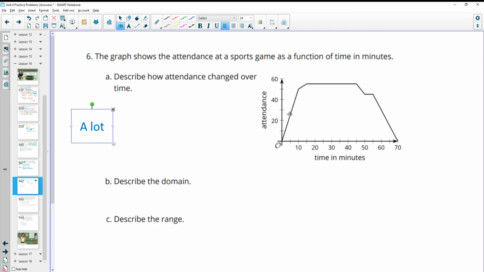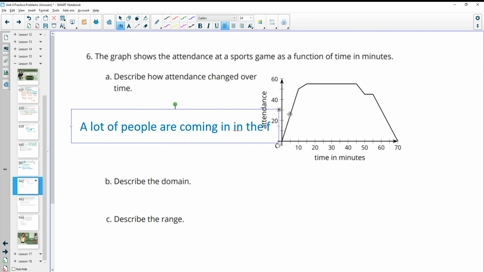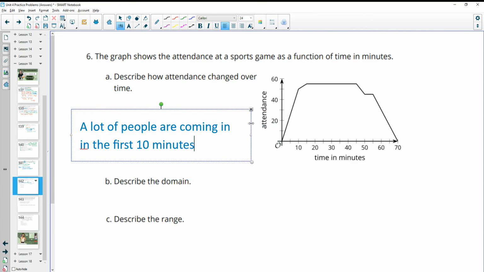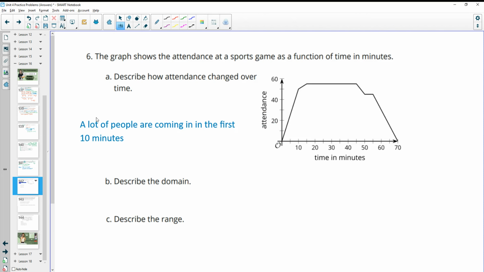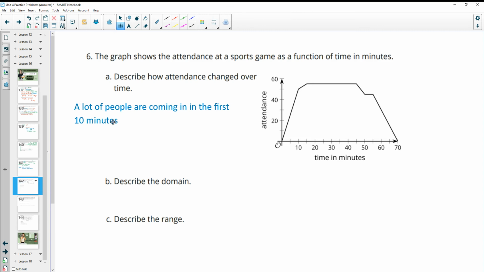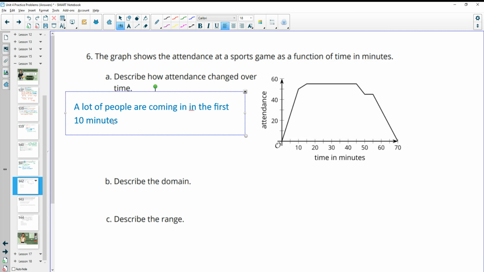A lot of people are coming in the first 10 minutes. Okay, then it slows down, right? But still people are coming. So then it slows down for about 5 minutes.